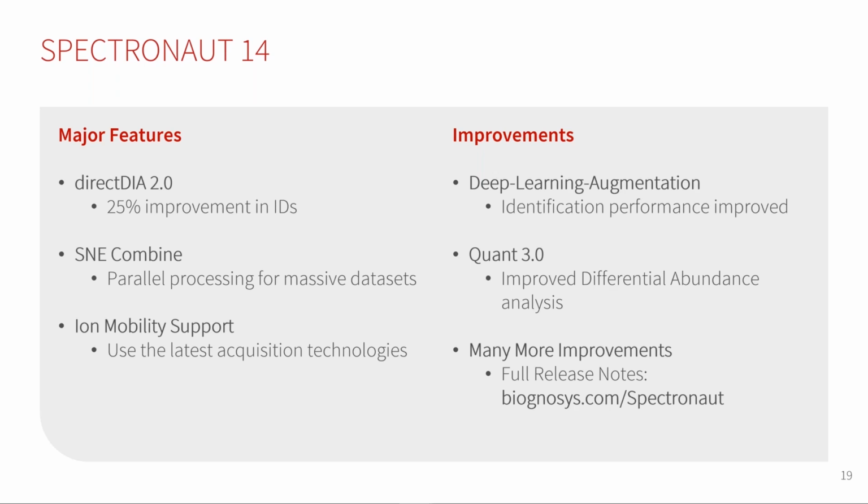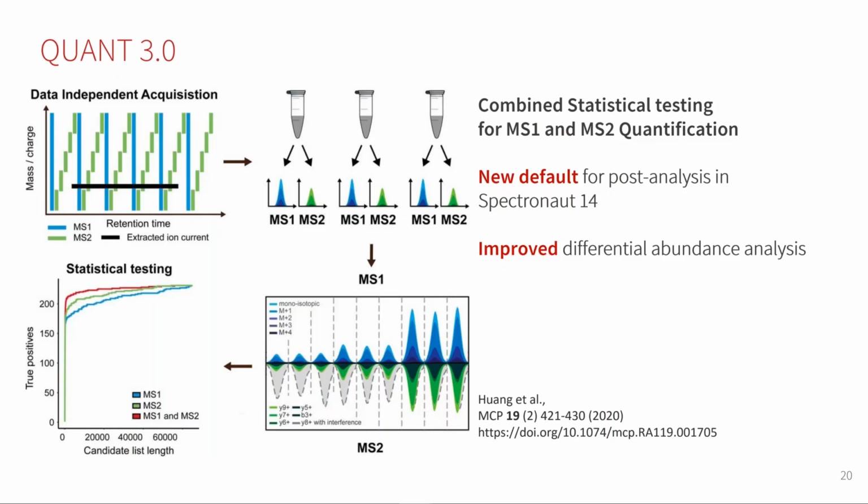Now, let me briefly talk about some other changes to Spectronaut, our improved deep learning augmentation, and Quant 3.0. So what's Quant 3.0? In a recent paper, we teamed up with Olga Witek's lab to demonstrate an improved statistical test for differential abundance in proteomics DIA data. With this new method, differential abundance is tested with intensity data from both MS1 and MS2 levels.